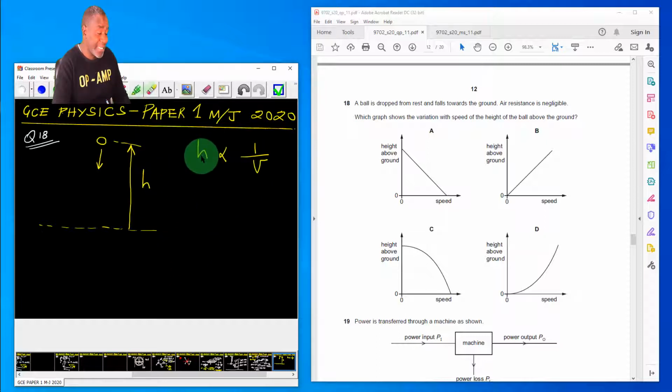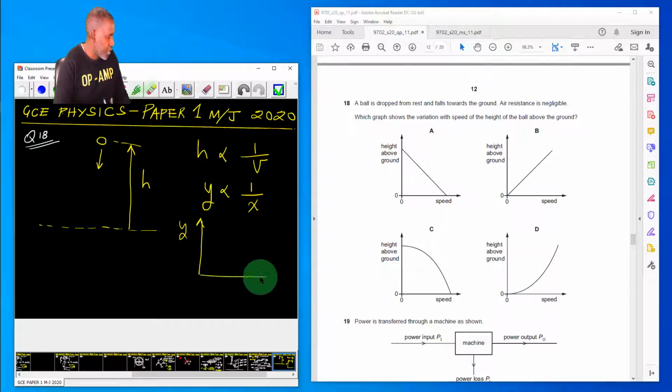And when we are told that y is inversely proportional to x, this is what we do. We plot our y here, we have our x here, and that becomes the graph.